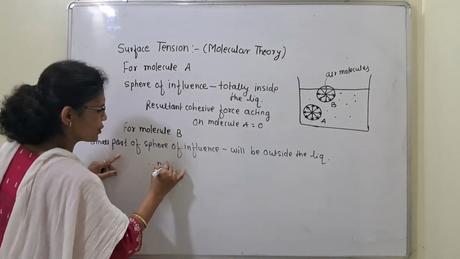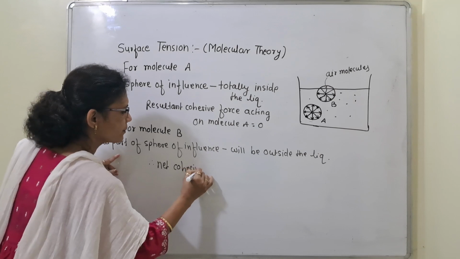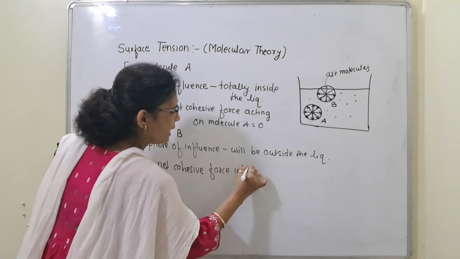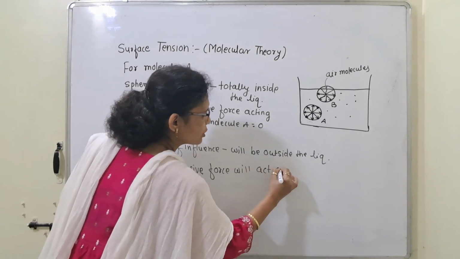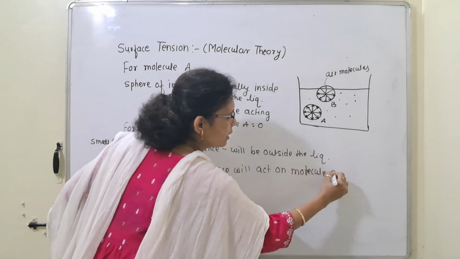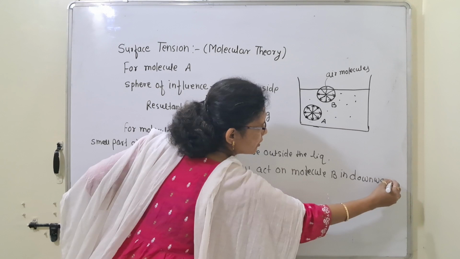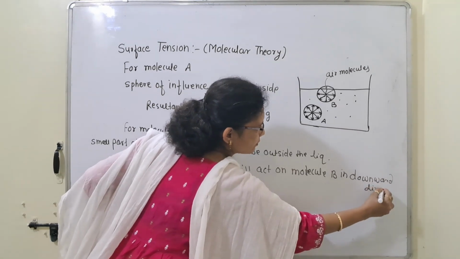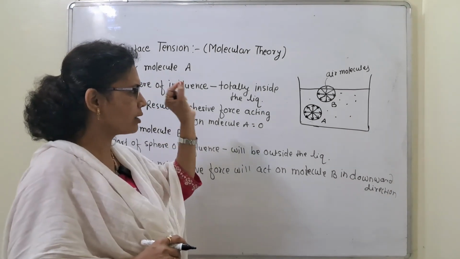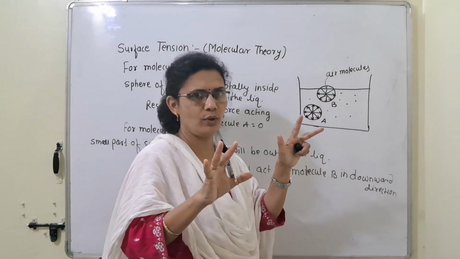Therefore net force, or you can say resultant cohesive force, will act on molecule B in downward direction. You understood? Resultant or net downward cohesive force will act on molecule B.